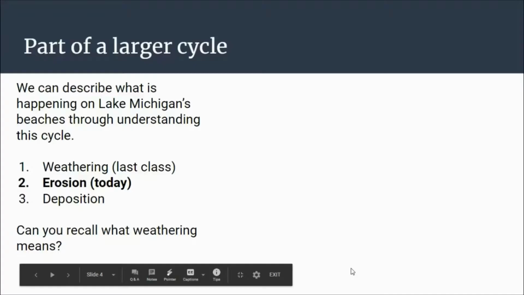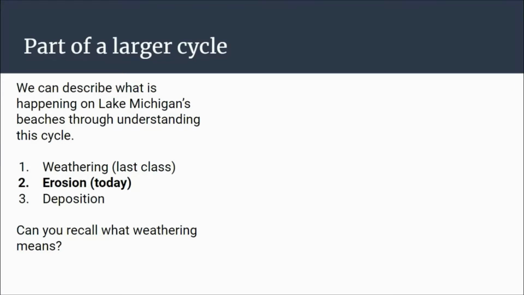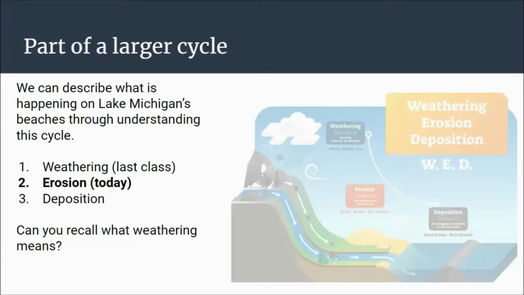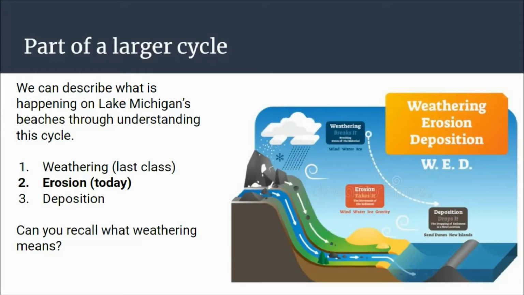We know that erosion is part of this larger cycle that we've been talking about for the past few days. In the last lesson, we talked about weathering, and we can describe what Lake Michigan's beaches are going through by understanding this cycle. We have a little picture here that really breaks it down. We learned that weathering is what breaks down the rock or the sediment into little pieces, and that happens through wind, water, and ice.